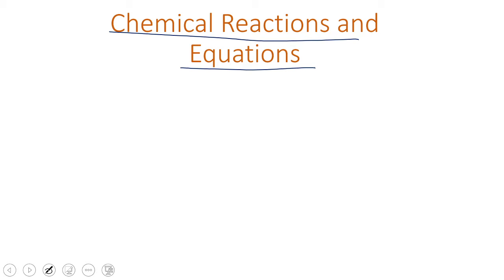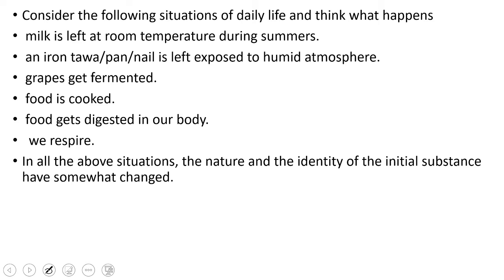The changes which are temporary are known as physical changes, and the changes which are permanent are known as chemical changes. So we already know that in a chemical change, a new substance is formed, and in physical change, no new substance is formed. So all this you learned in your lower sections. So let's discuss in detail about chemical reactions in this class.